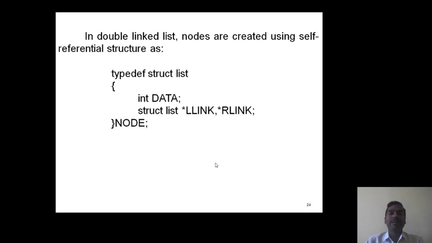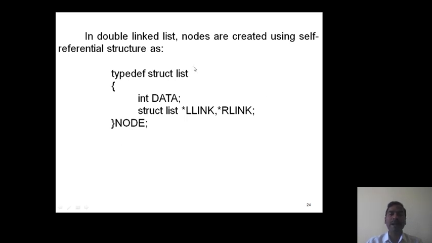To implement these operations, first we need to create the node format. For this, we use a self-referential structure: typedef struct list { int data; struct list *Llink, *Rlink; }. This entire data type is referred to with a new name, node.